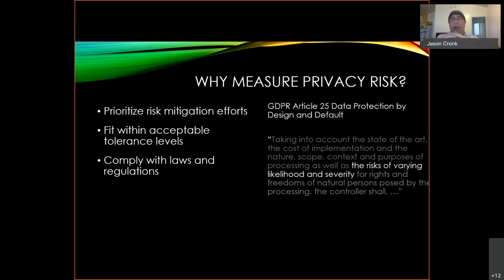I will say one thing, and I've highlighted here, it does talk about looking at the risk of varying likelihoods and severities for rights and freedoms. So it does mention risk assessment, whereas the rest of GDPR is more prescriptive and doesn't talk about doing any sorts of balancing of risk. So those are some reasons to try to look at privacy risk.